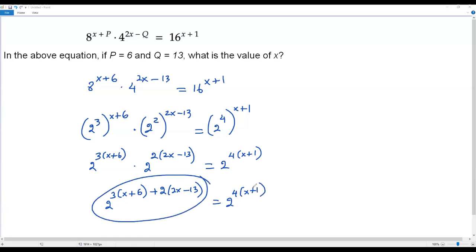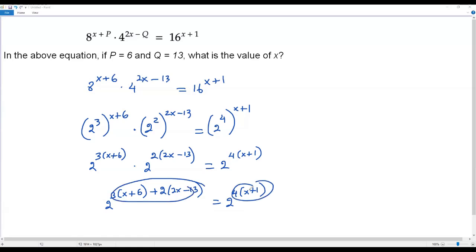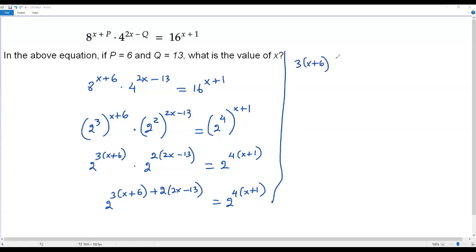Here two terms are equal with the same base. Whenever two terms with the same base are equal, we can equate the exponents. So when I equate the exponents, I am getting 3 times x positive 6 positive 2 times 2x negative 13 equals 4 times x positive 1. I just equated the exponents because we got the same base on both sides.